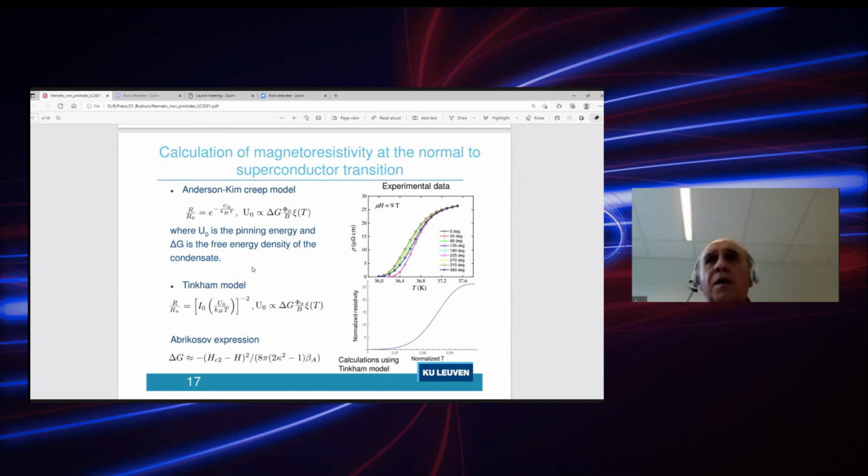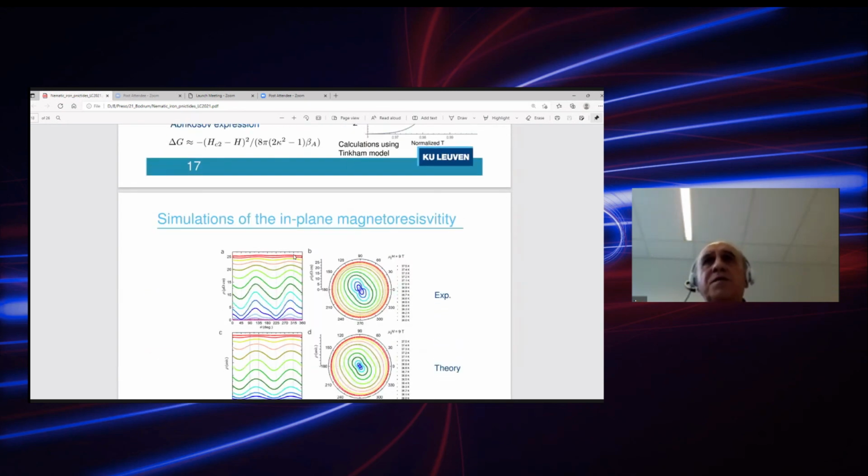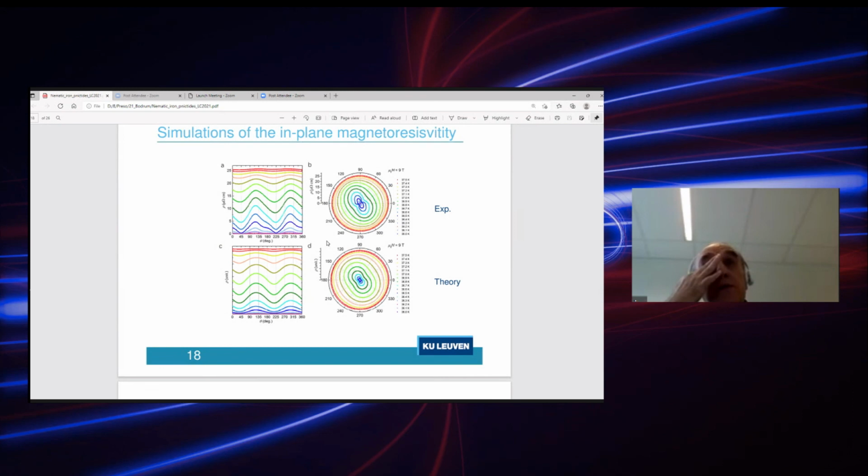So the only input is sufficient to describe this. This is a simulated magnetoresistance. This is simulated magnetoresistance. We see indeed that we can simulate the slopes, Hc2 lobes, and their dependence on the temperature. This is simulated quite well. So probably the model is correct.